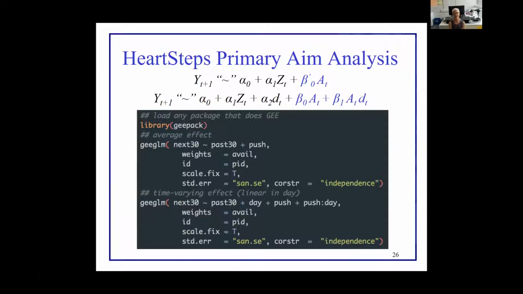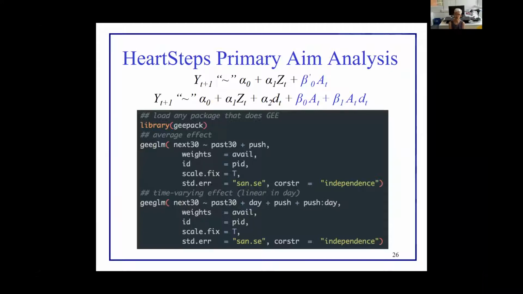So here you see us using GEEPACK with the code that one would use in this case. For the weights row, we just put availability there. It's an indicator of 1 or 0 whether the person is available.